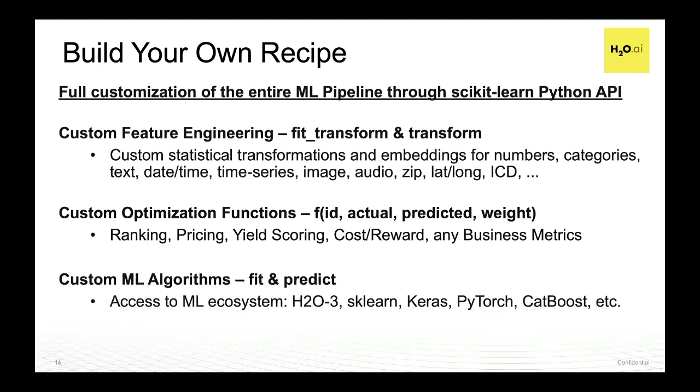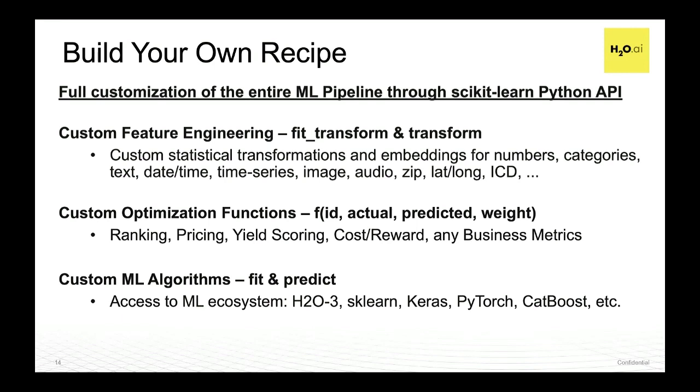And then finally, we have our machine learning algorithms, and these have two main functions. The first is fit, which actually fits the model. So this gives us access to basically every machine learning ecosystem. We've pre-written all of the open source H2O functions, so you can see those in the GitHub, but you also have access to write all scikit-learn's models.